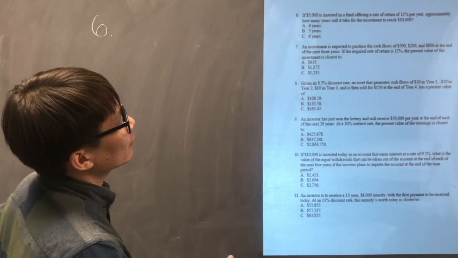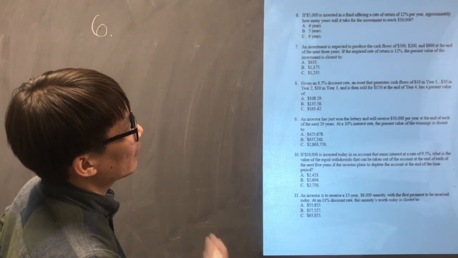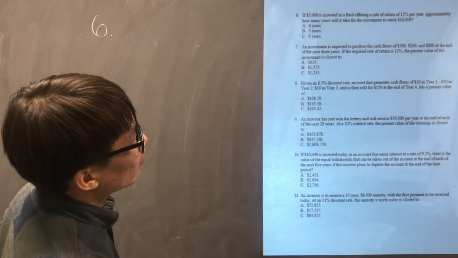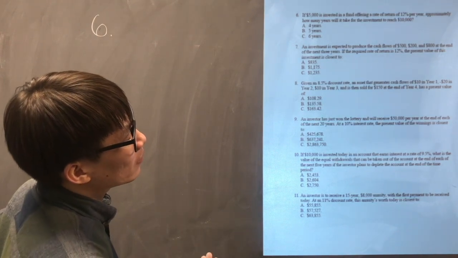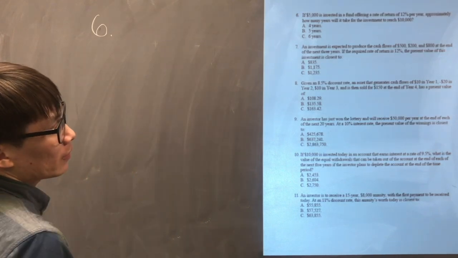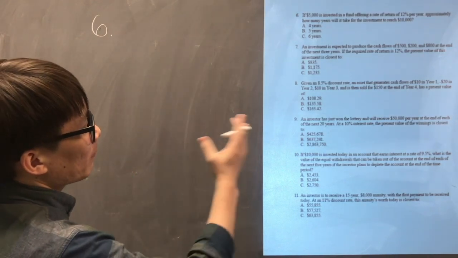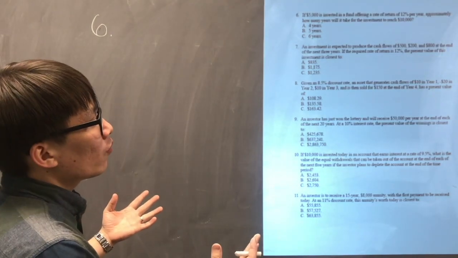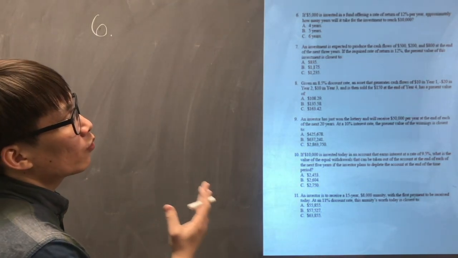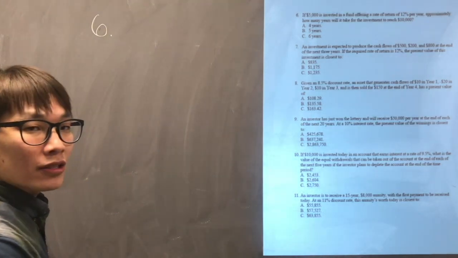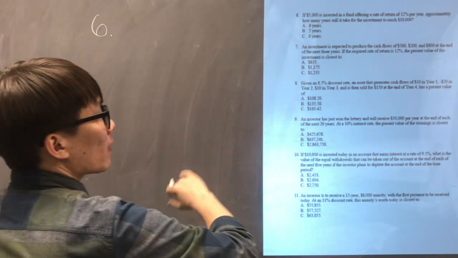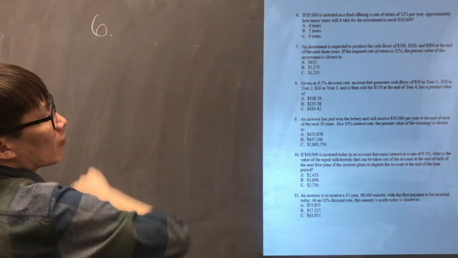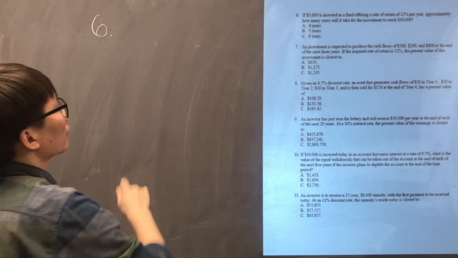If 5,000 is invested in a fund offering a rate of return of 12%, so the interest rate is 12%, approximately how many years will it take for the investment to reach 10,000? So we already know our future value is 10,000 and the present value is 5,000.